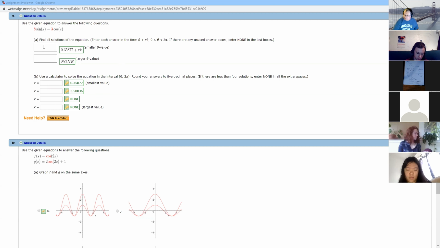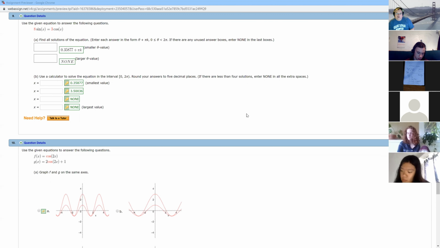Are we good? Yeah, so is the reason why, like on part A, where it says find all the solutions, that you just stick with the first answer you get and not add the pi for the second, larger value?